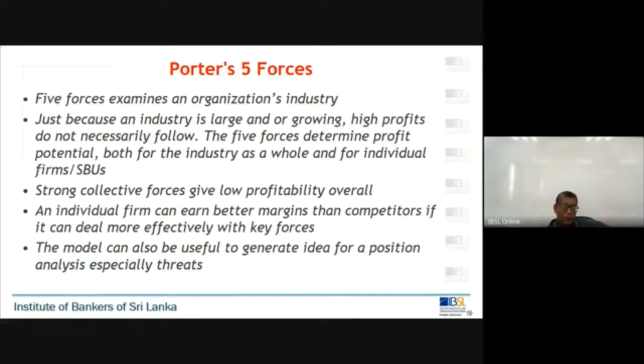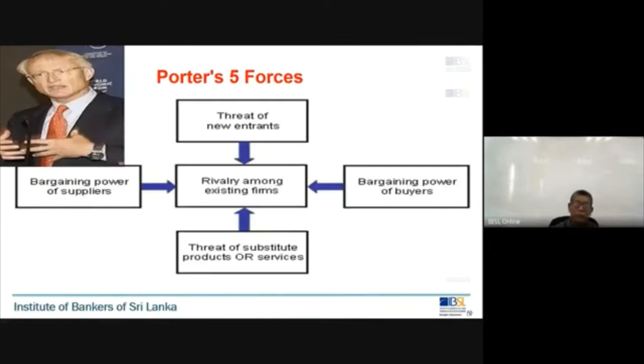Then we are going to discuss another important analytical tool, that is what you call Porter's Five Forces. The guy who talked about this we understand as Michael Porter. He basically identified five forces.